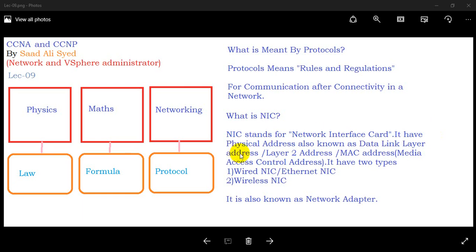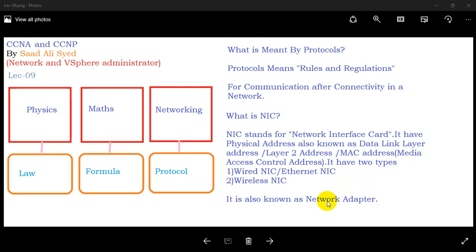It has a physical address, also known as data link layer address or layer 2 address or MAC address or media access control address. On this network interface card, remember, there is a physical address written on it.